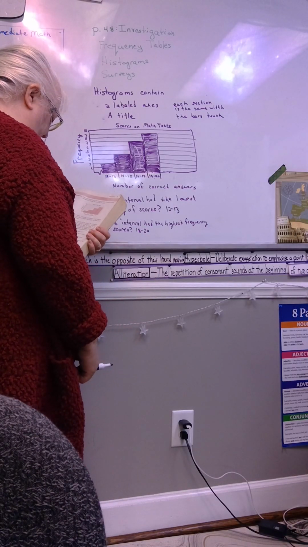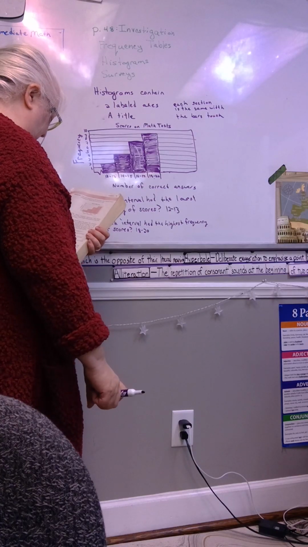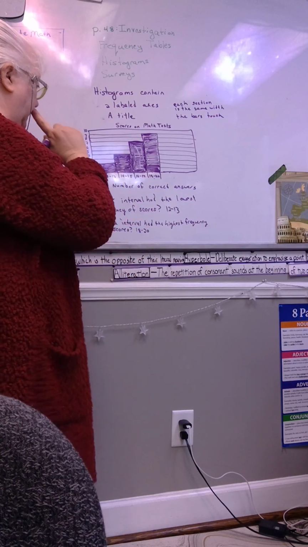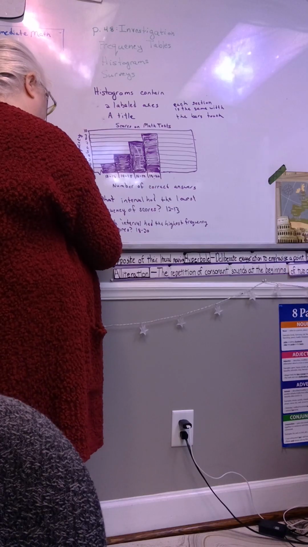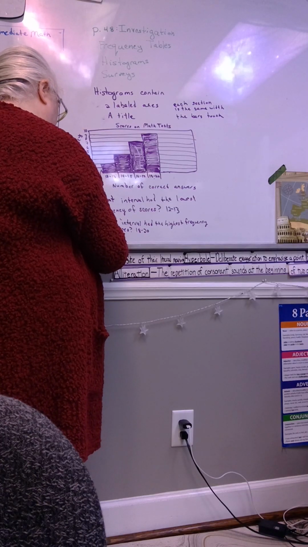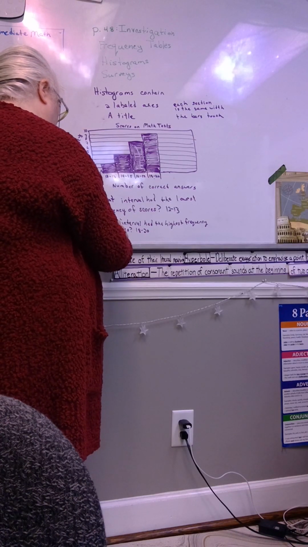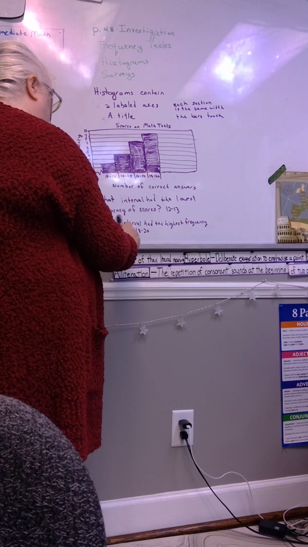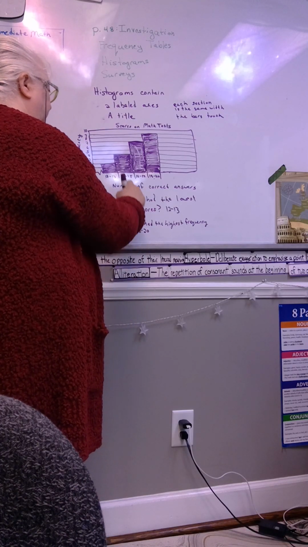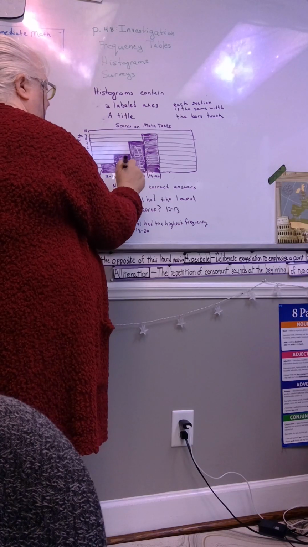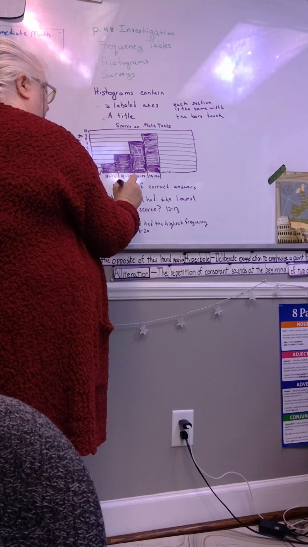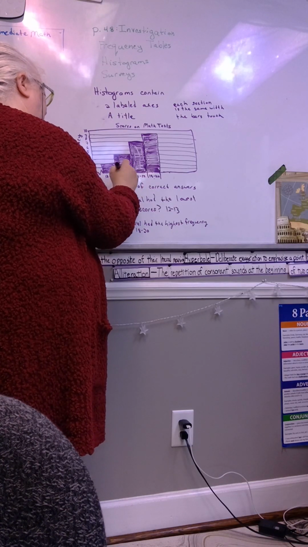And then which interval had exactly twice as many scores as 12 through 13? Okay. 14 through 15? Sorry, my 4 did run into itself.